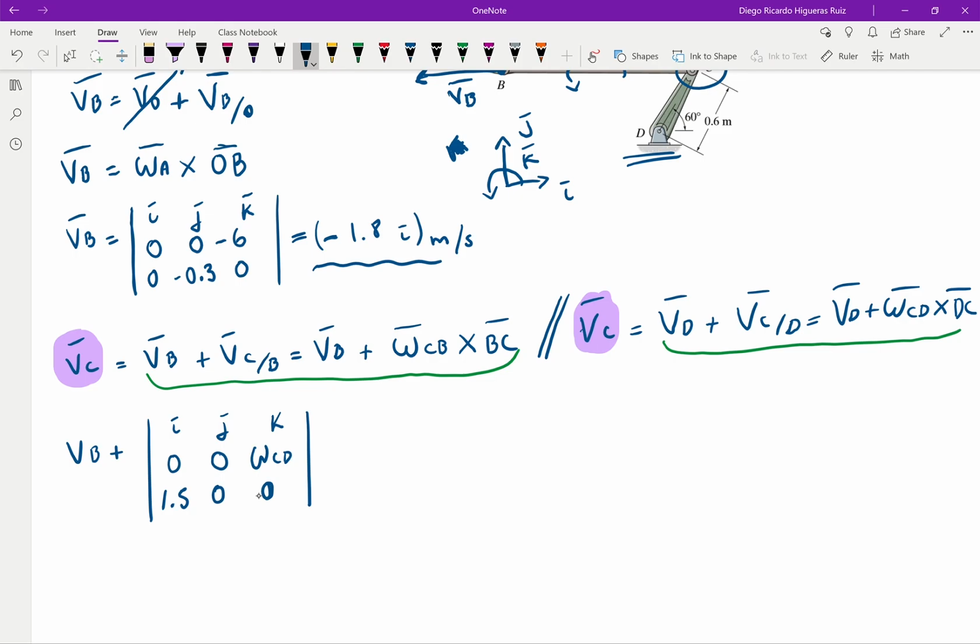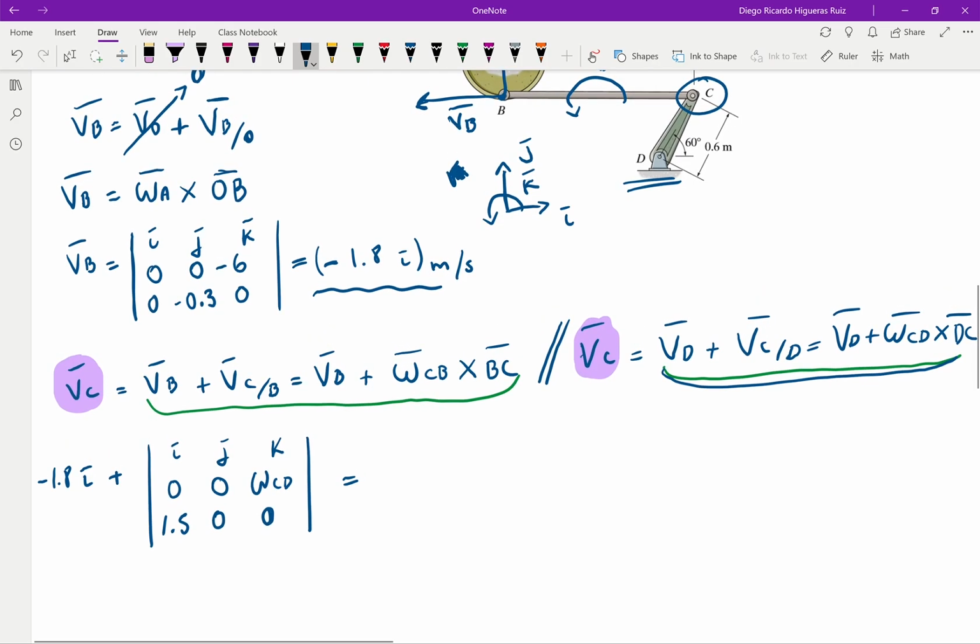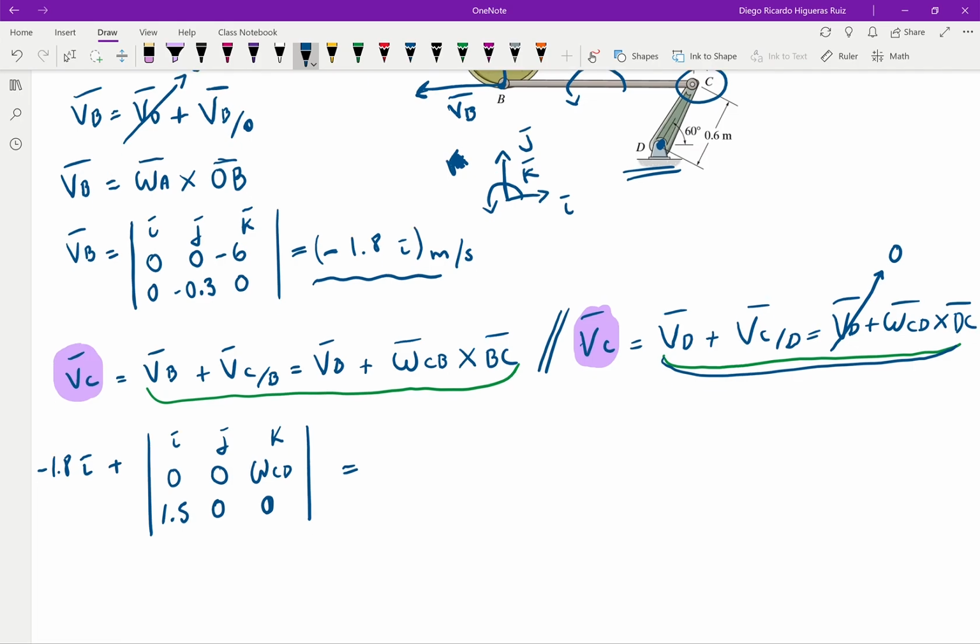Now actually I'm going to go ahead and substitute for VB. Okay, that's the first term, and that's equal to this, right? So that's going to be VD. How much is VD? VD is equal to 0 because this point right here is not translating, so that's good.